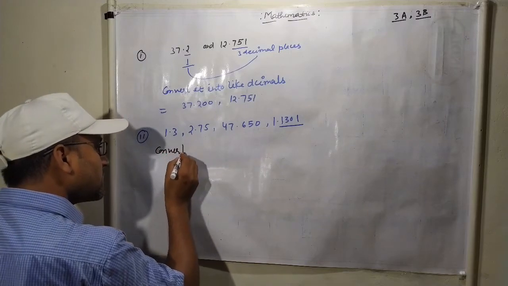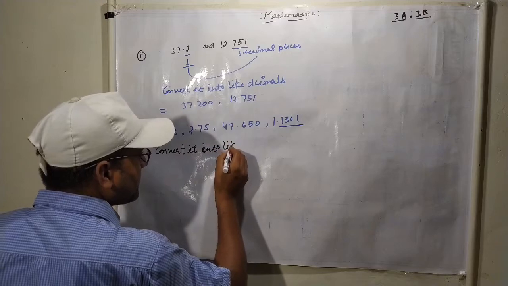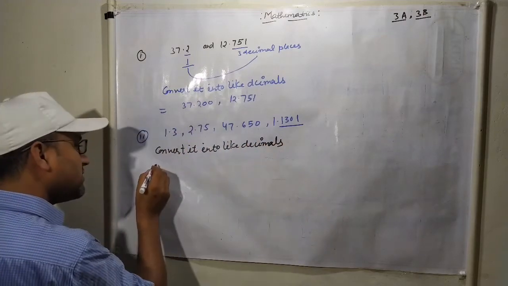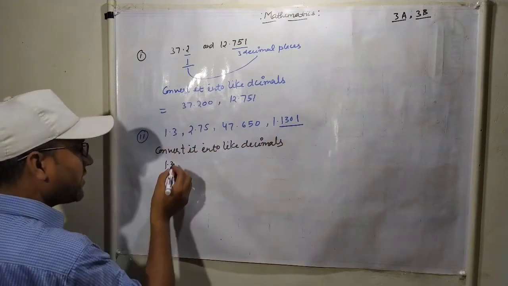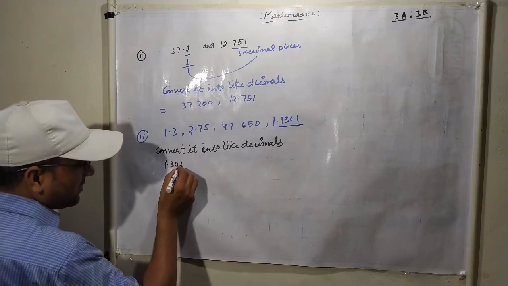Convert it into like decimals. So here is 1.3, here is 4 decimal places, here is 1. So how many zeros will you add from the right side of your given number? 1.3000.